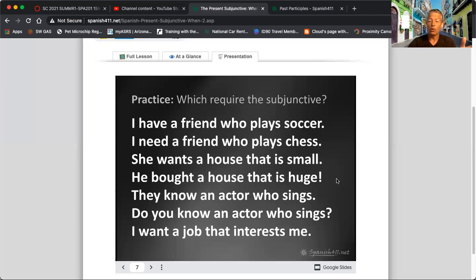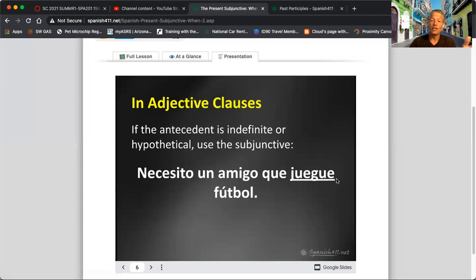You can tell by the wording that will affect the second part of the sentence. Once again, going back to the previous examples, necesito un amigo que juegue fútbol. In order to use the subjunctive, you need a trigger. It's not the same thing that you guys learned before, right? It's kind of similar, but the way you use it is a little bit different, because it all depends on what your intention is. The trigger is that this friend does not exist, not yet, we don't know.